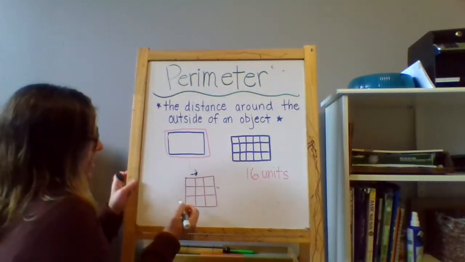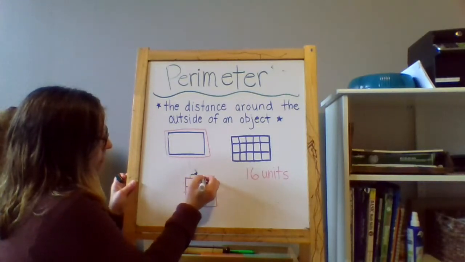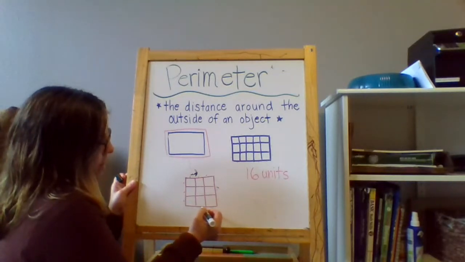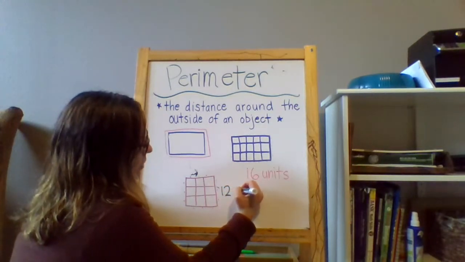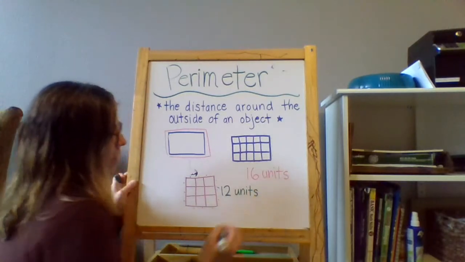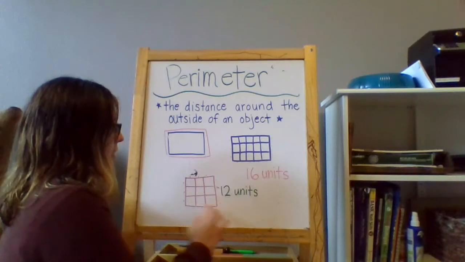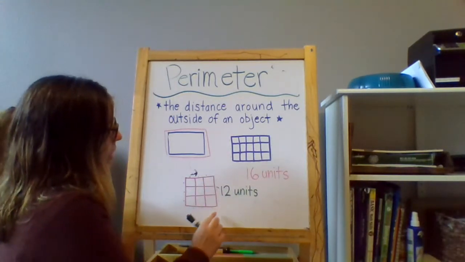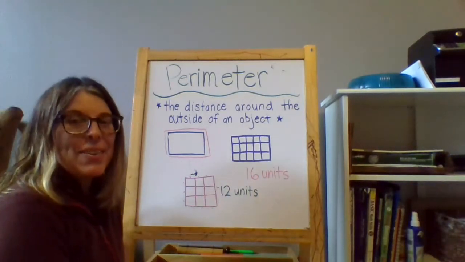Let's see. 1, 2, 3, 4, 5, 6, 7, 8, 9, 10, 11, 12. So we would say 12 units is the perimeter, the distance around the outside of an object. Okay, so 12 is the perimeter of the shape.